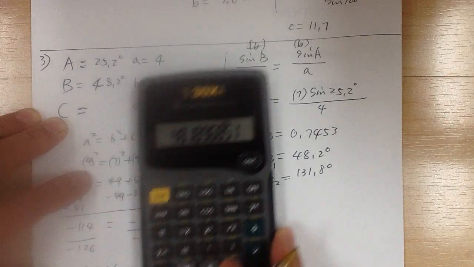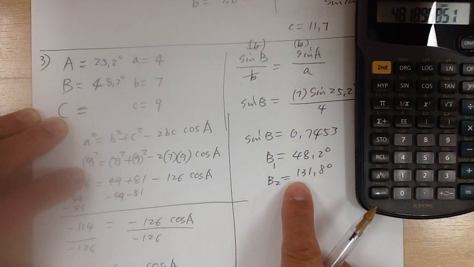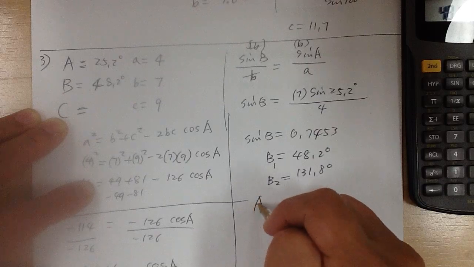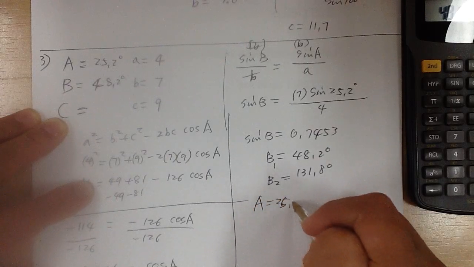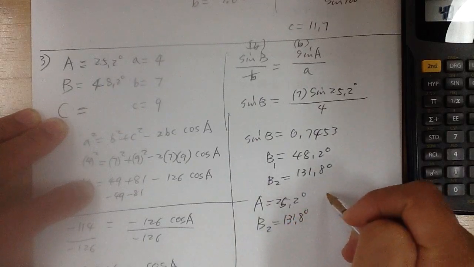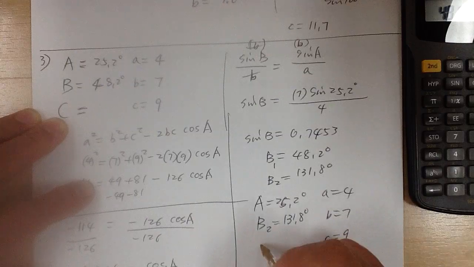If you try that, this is going to be no good, because what you have is A equal to 25.2 degrees and B2 equal to 131.8 degrees. And you have this kind of situation.